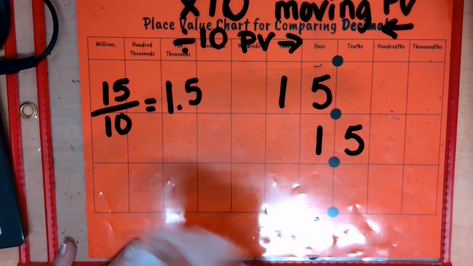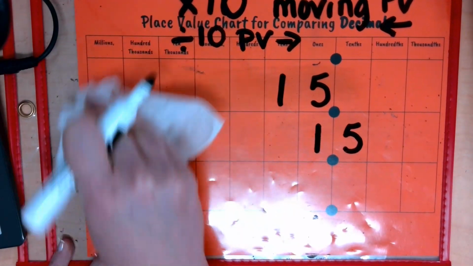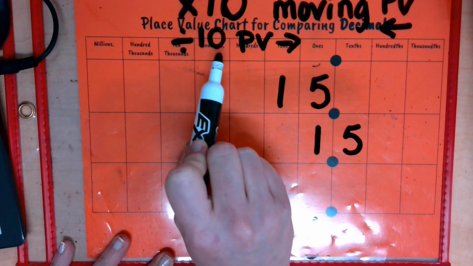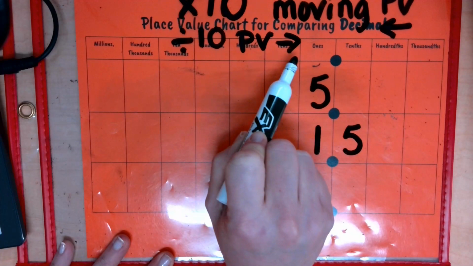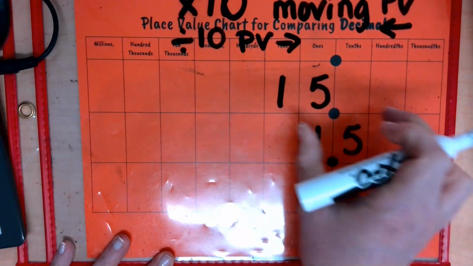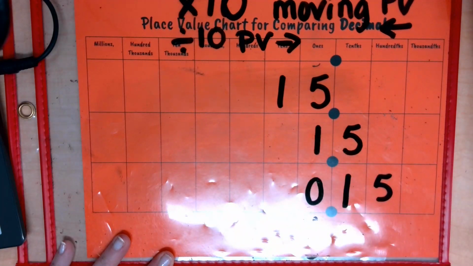So what's going to happen to our 1 and 5/10 if we divide that by 10? It's going to be the same thing. We're dividing by 10, so we move every digit over one place value to the right. So now we have 15 hundredths.